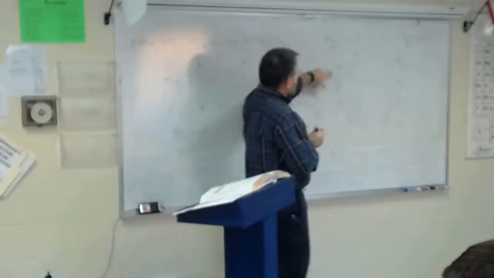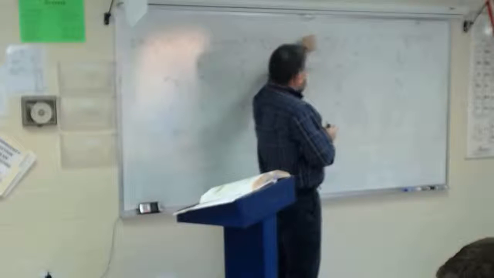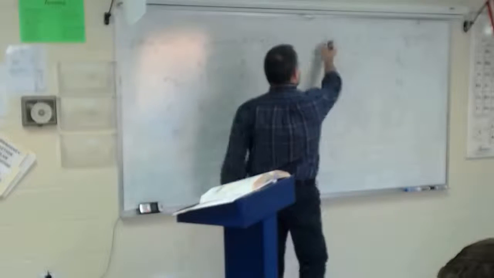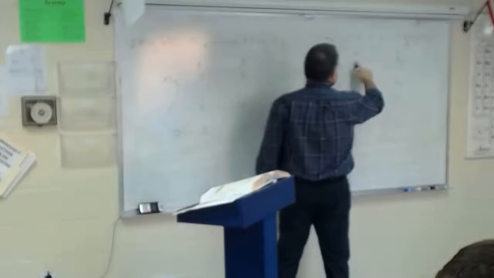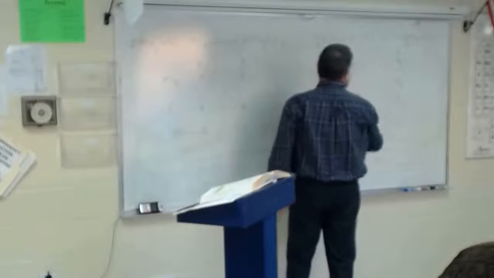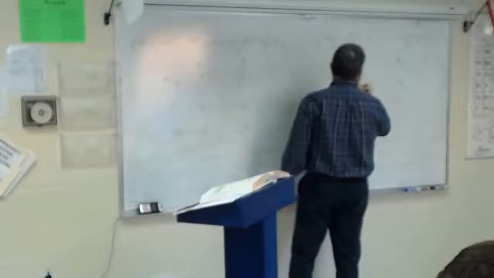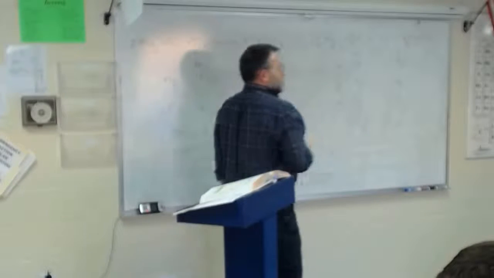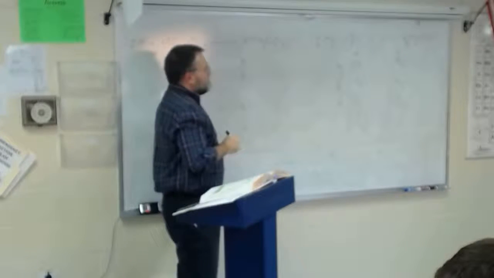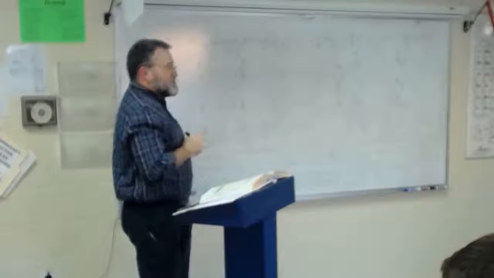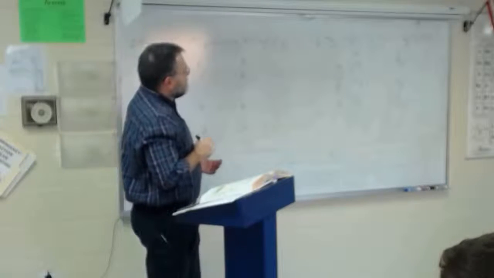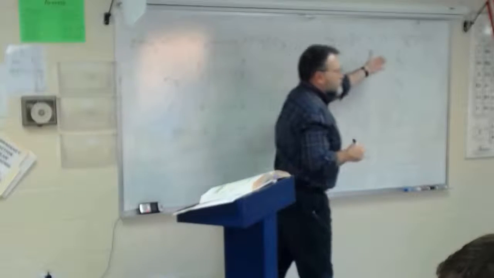So I have 1 magnesium, I need 2/3. Multiply by 2/3. That'll give me 2/3. Carbon, I have 1, I need 2/3. That gives me 2/3. Now we're balanced. Fractionally, all my denominators are 3s, right?